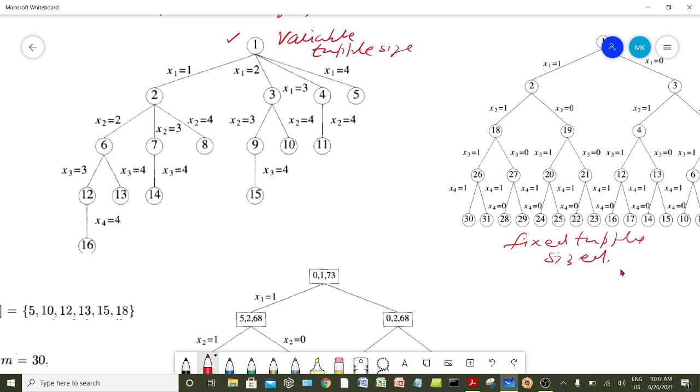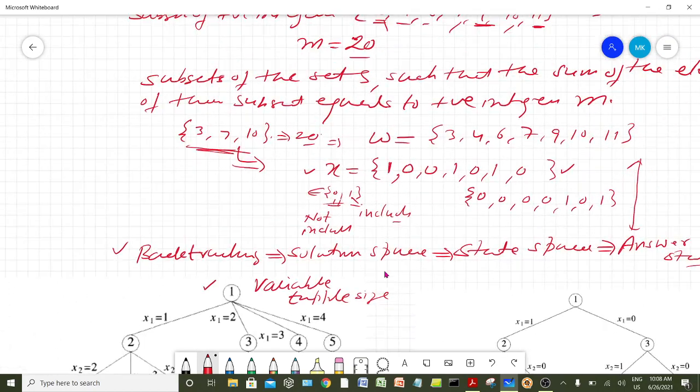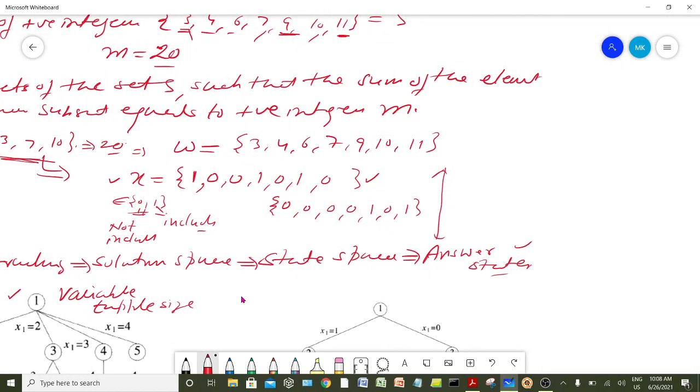The one that I quoted in the example was falling under the fixed tuple size. It means all the solutions formed using this approach will contain n items, or n terms. It means the subset is going to have size equal to n.